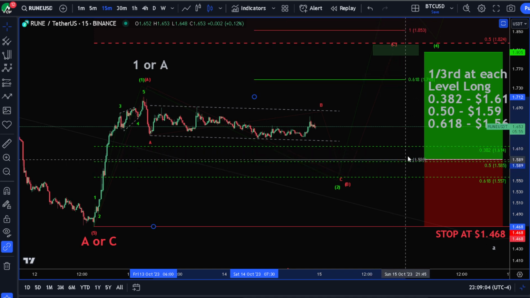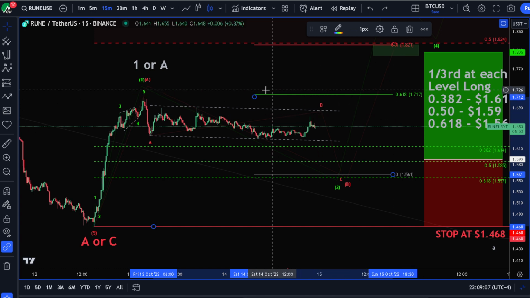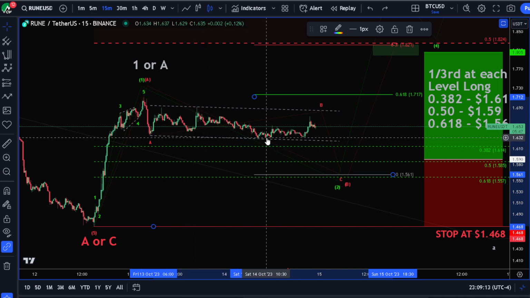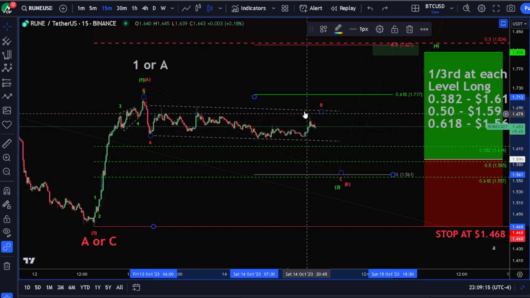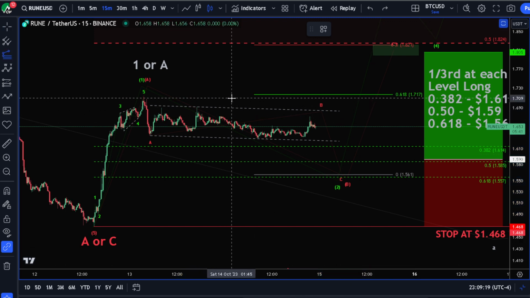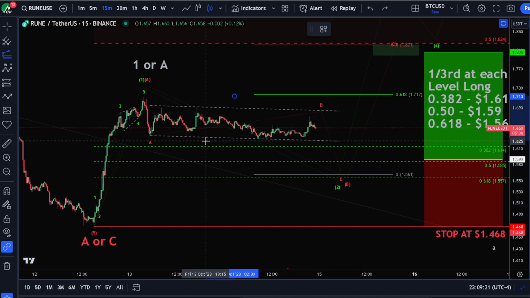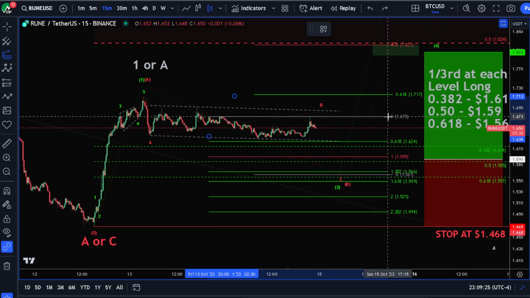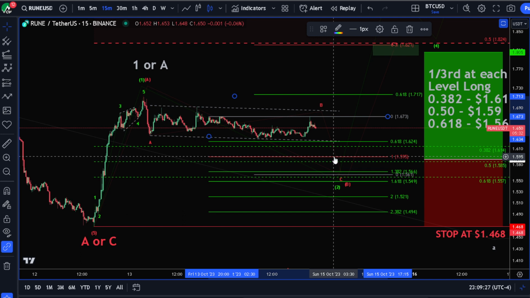Not sure where it's going to be yet, but this is a really long B wave. Have this as most likely a complex correction, an ABC. We got an X wave and looking for an ABC. It might be in, it might not be, hard to say. But when that does complete, I'm going to take a fib pull from here, pull it off the top of the B, and look for the 1-to-1 as the most likely pivot area.